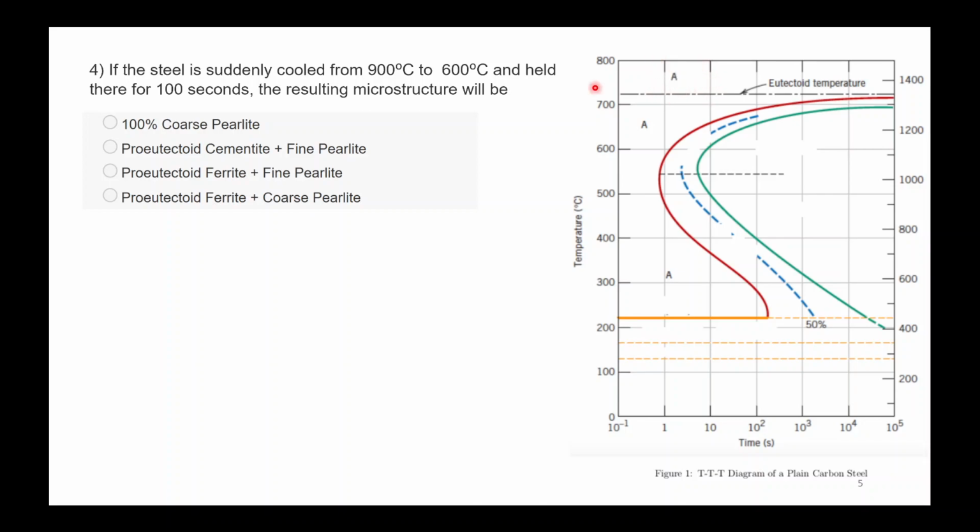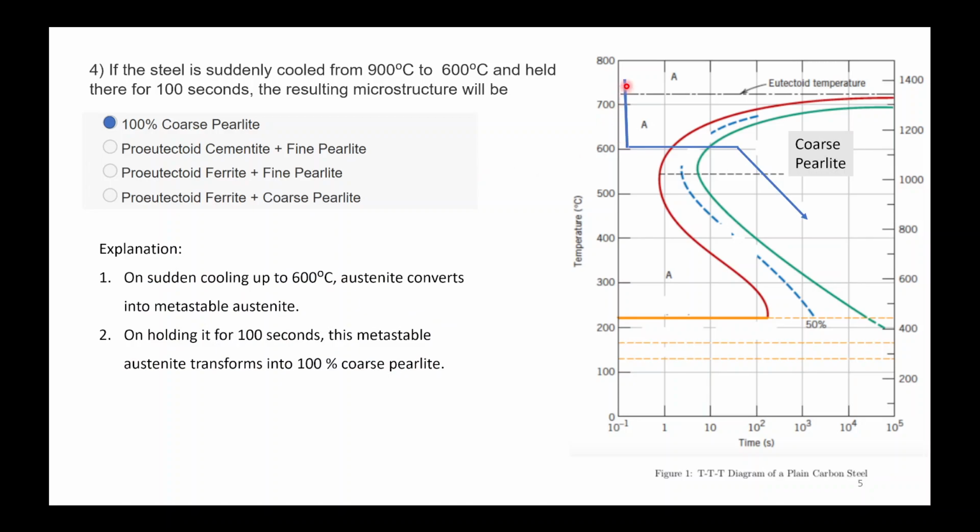After this, from 900 you're cooling up to 600 degrees Celsius, which will be around here, and held there for 100 seconds. So the resulting microstructure will be, your options are 100% coarse perlite, pro-eutectoid cementite plus fine perlite, or pro-eutectoid ferrite plus fine perlite, or pro-eutectoid ferrite and coarse perlite. So your answer will be 100% coarse perlite.